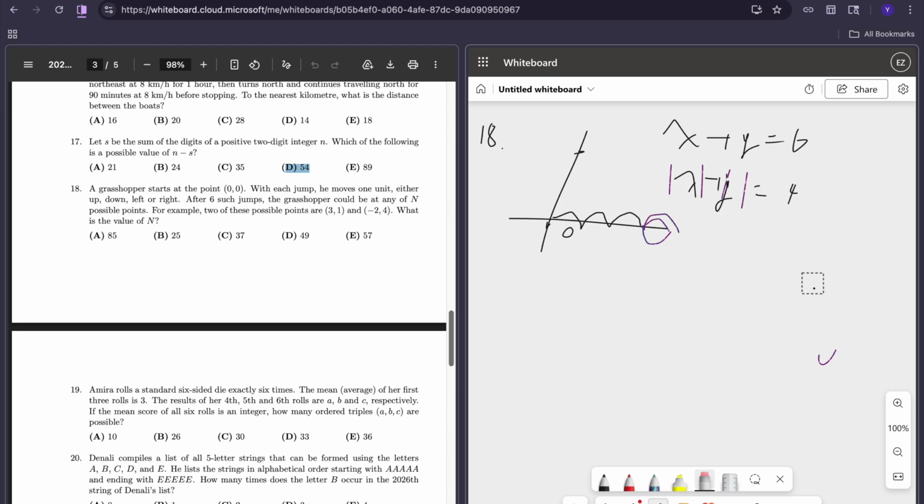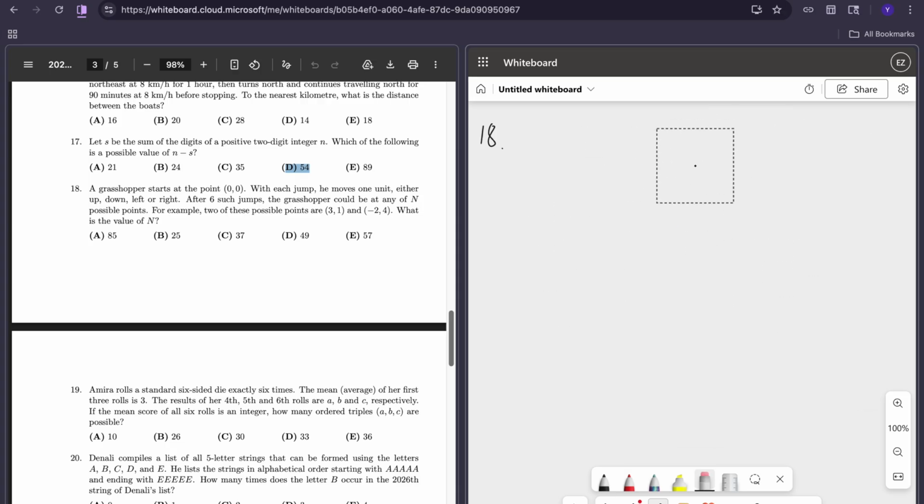Based on this, there are several cases for us to consider. The first one is x plus y equals 6. Second, x plus y equals 4.